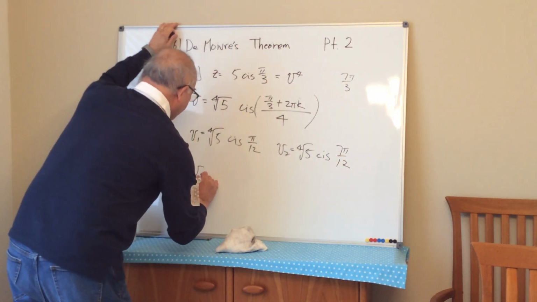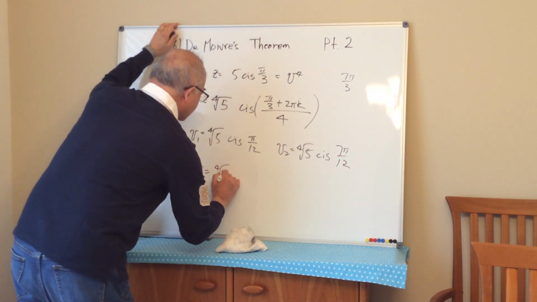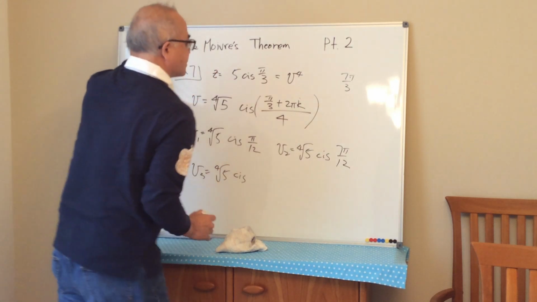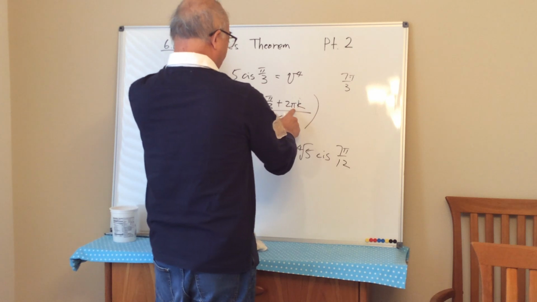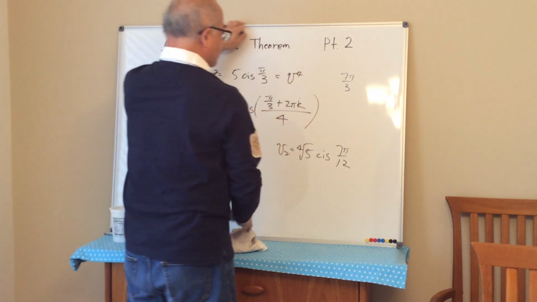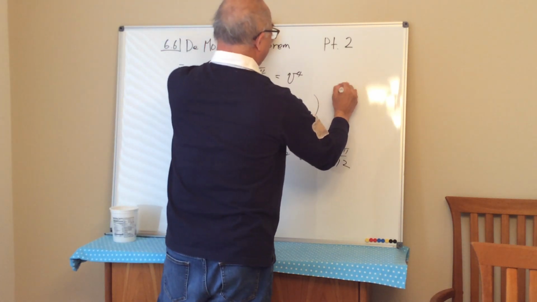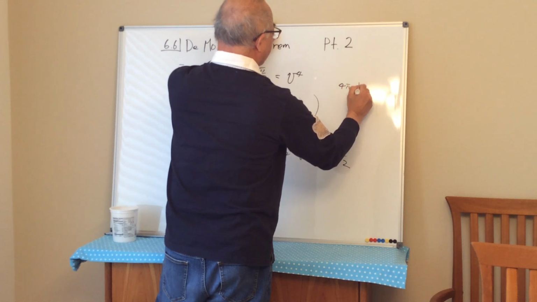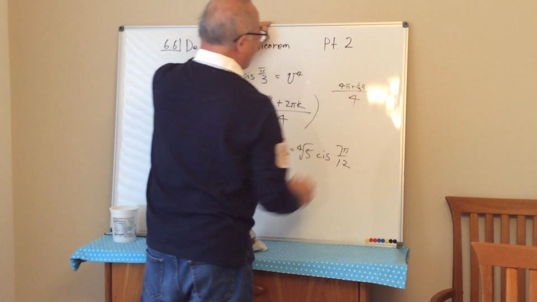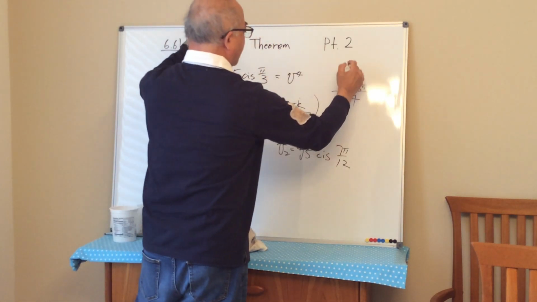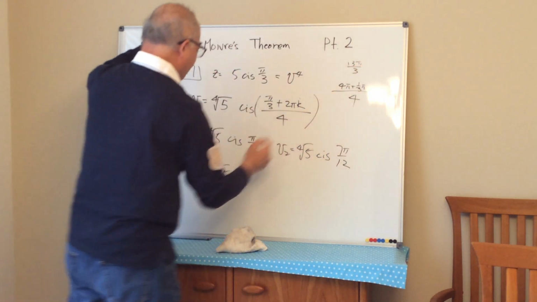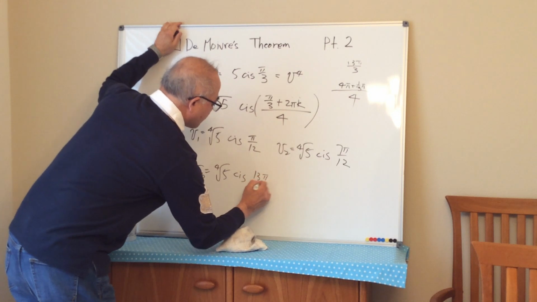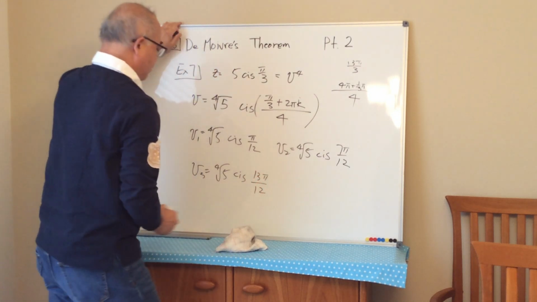And the third one is CIS, where k is now 2, so I have 4 pi plus 1/3 pi, divided by 4. Up here I get 13 pi over 3, and then divide that by 4, so it'll be 13 pi over 12.